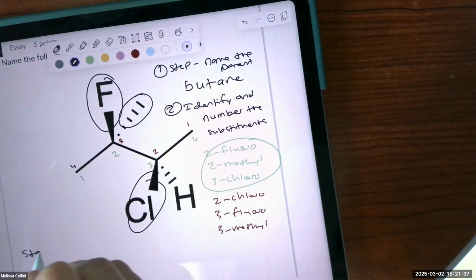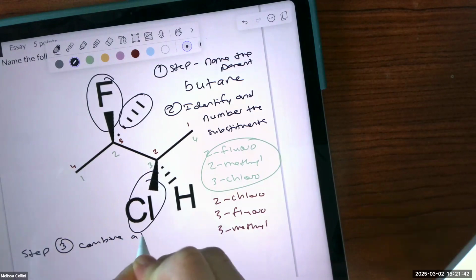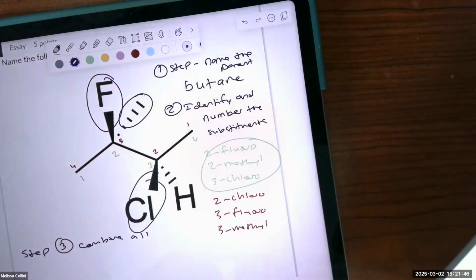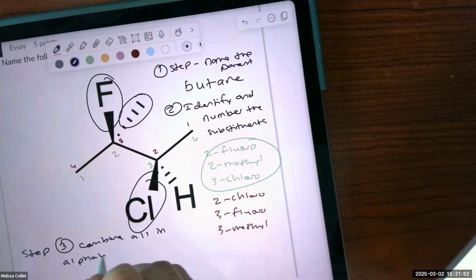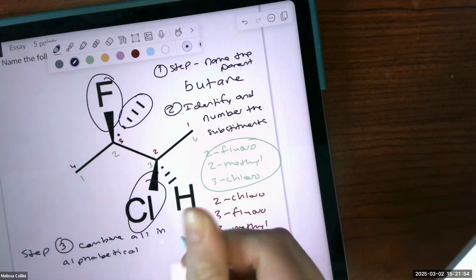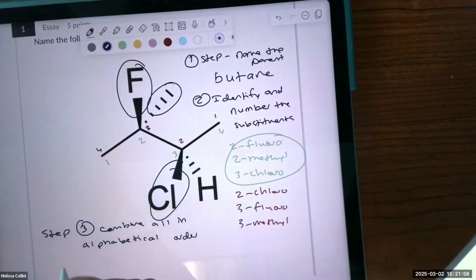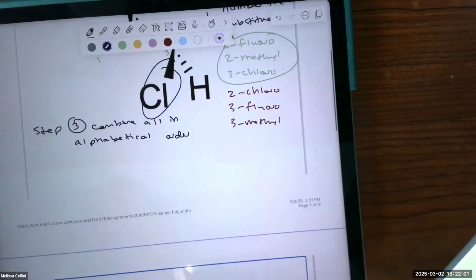For step 3, combine them all. So let's see. I was about to redraw it for some reason. So that would be in alphabetical order. They have to be in alphabetical order to be correct. So chloro comes first.